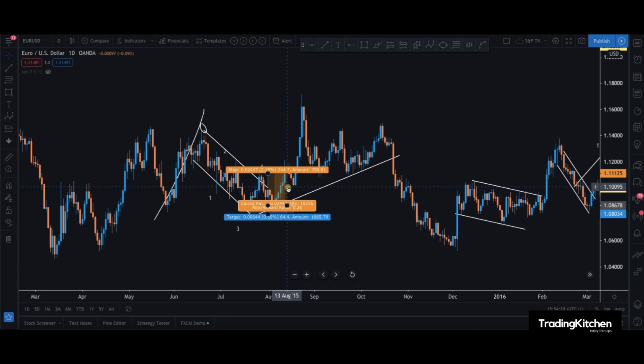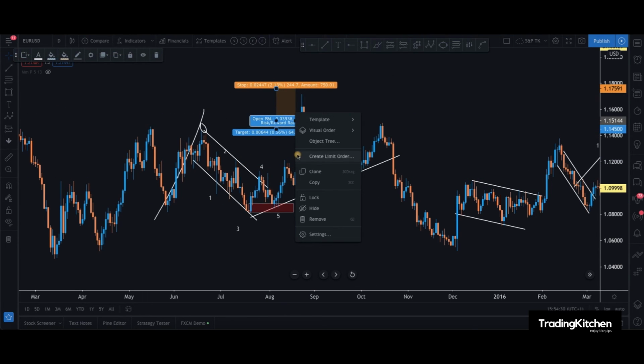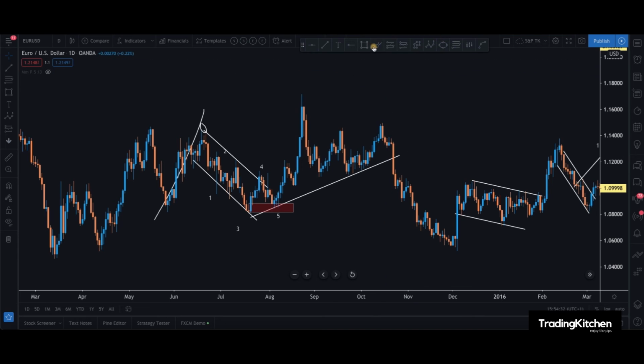Okay, look at this. We have an impulse. Then the market started to make the channel. So impulse up and channel down. So we have 0, 1, 2, 3.